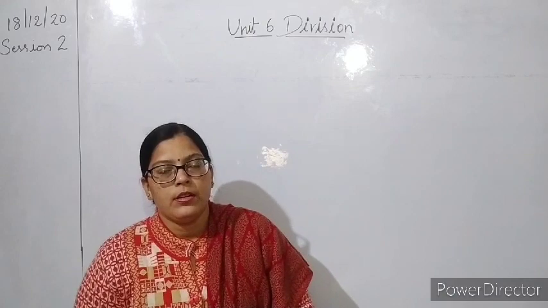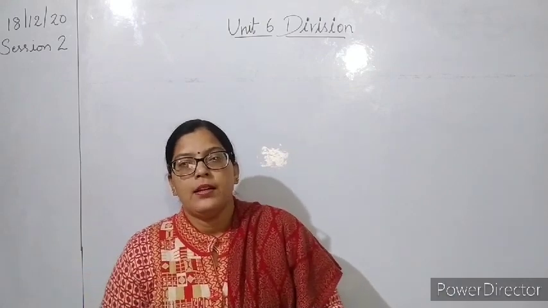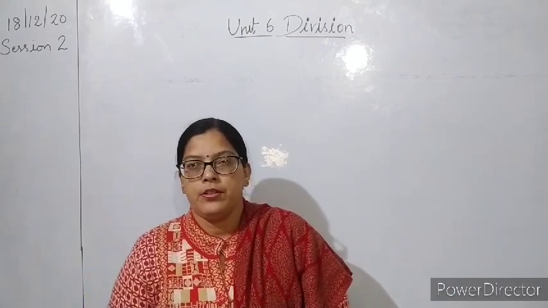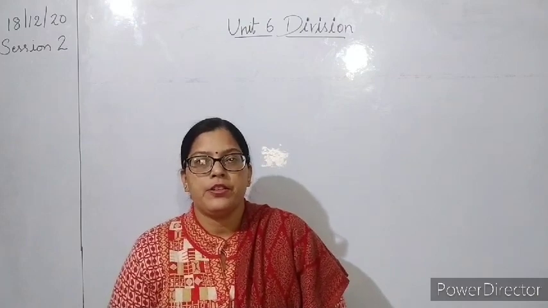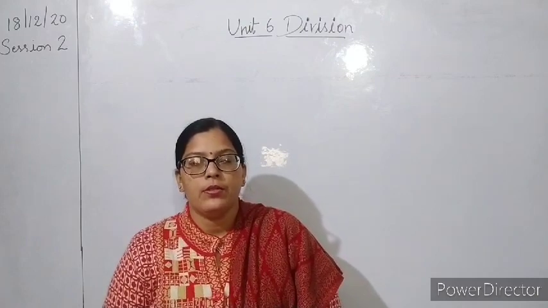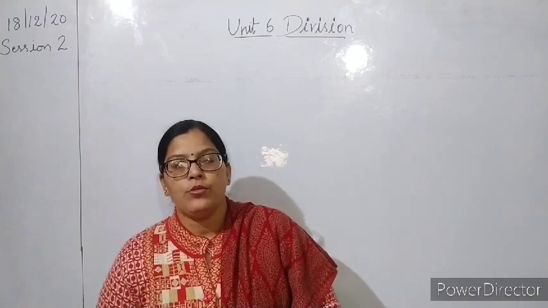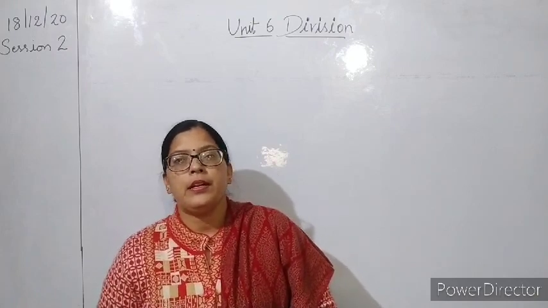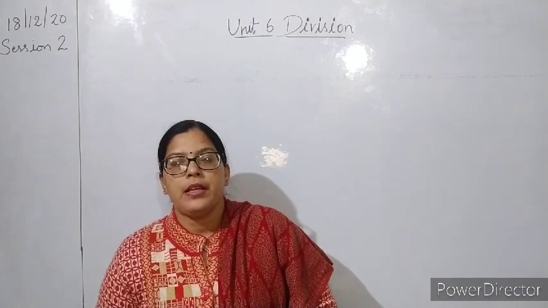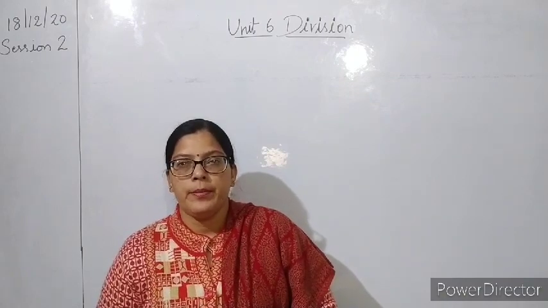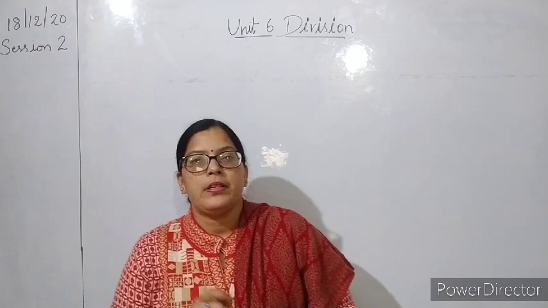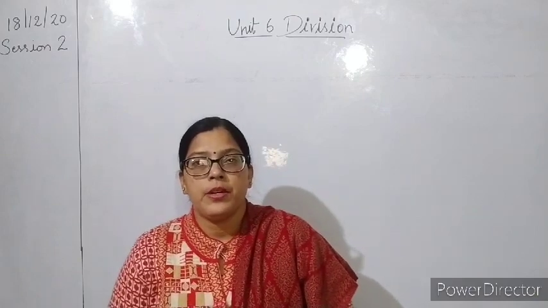In the previous session we also saw repeated subtraction. The method of repeated subtraction is a method of division. It is a long method. In that you studied how to divide numbers by repeatedly subtracting the divisor from the dividend. So what do we do in repeated subtraction?